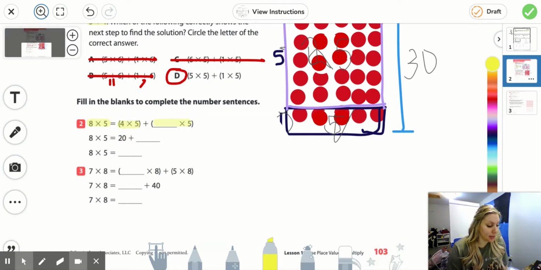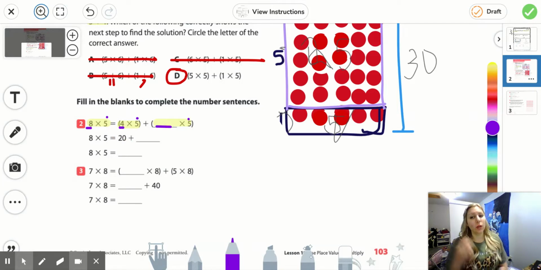When I look at these, I can see that 5, 5, and 5 are the same. That means they must all have 5 in each row. So the other number was broken up. If I broke up 8 to be 4 and another number, what other number plus 4 equals 8?